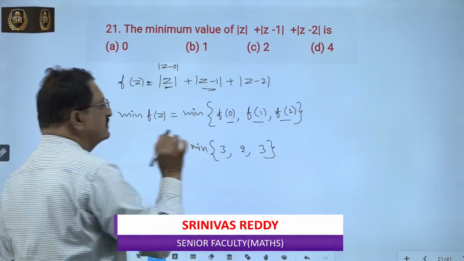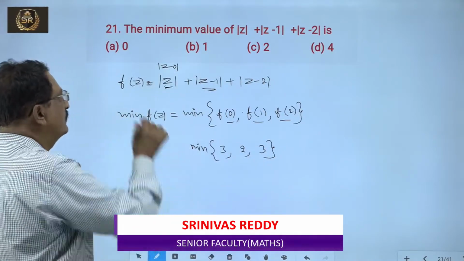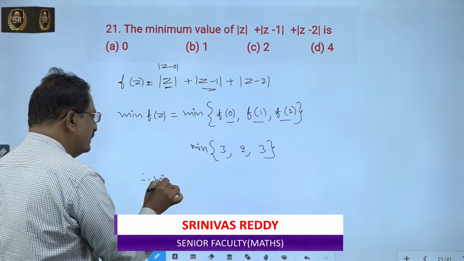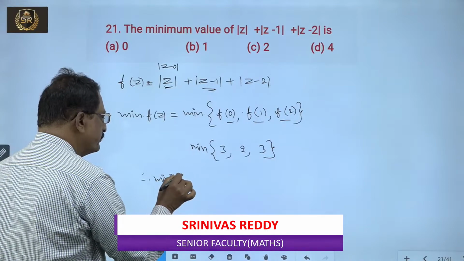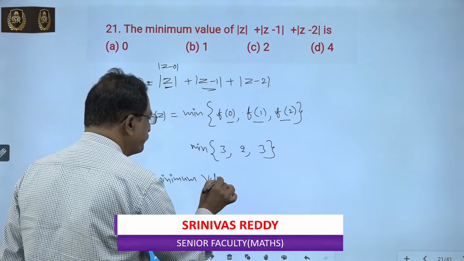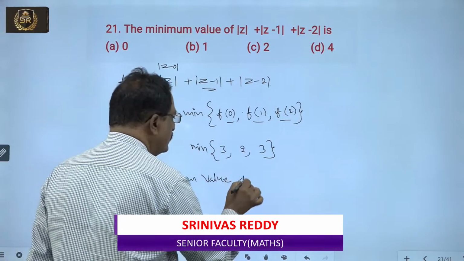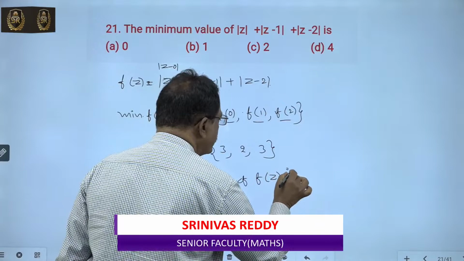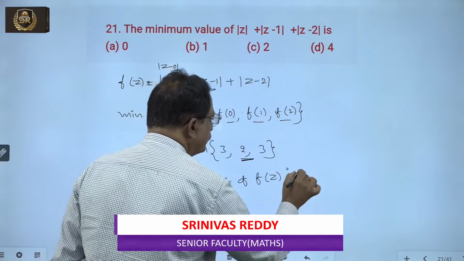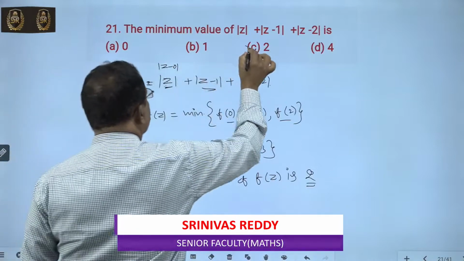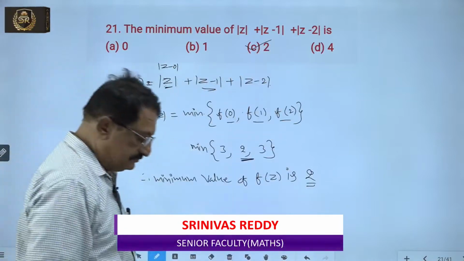Now in this, whichever is minimum is the minimum value of f(z). Therefore, the minimum value of f(z) among these three is 2, answer 2. Now in the given options, the third option is correct.